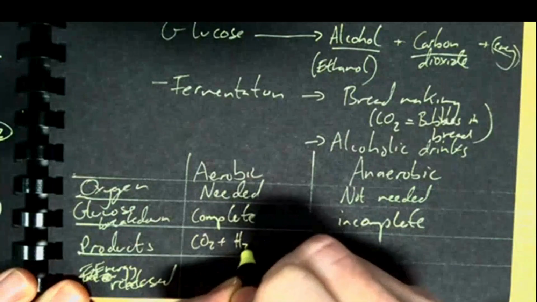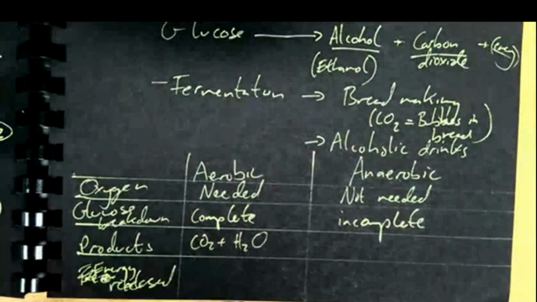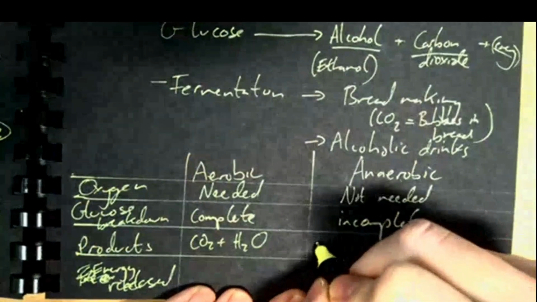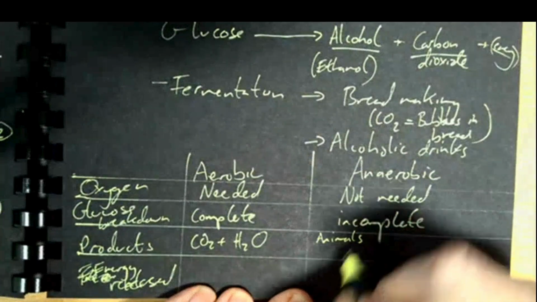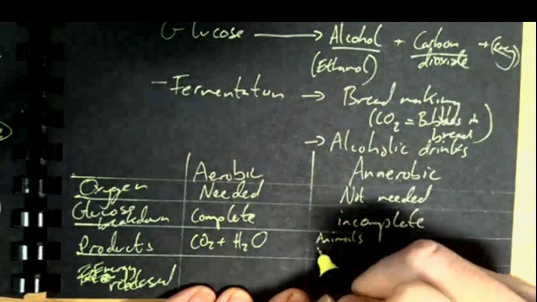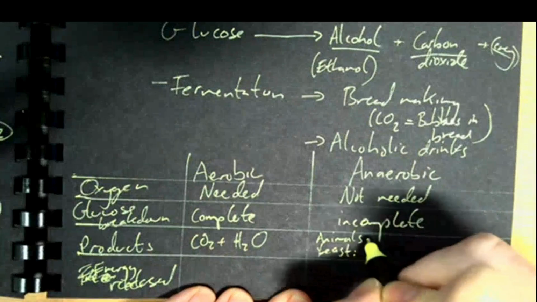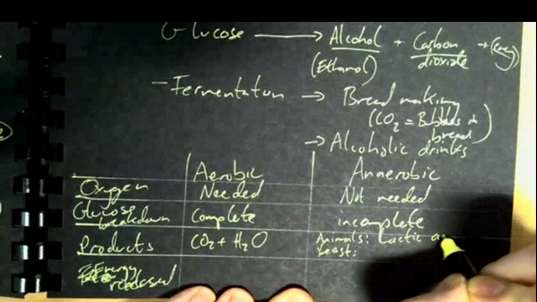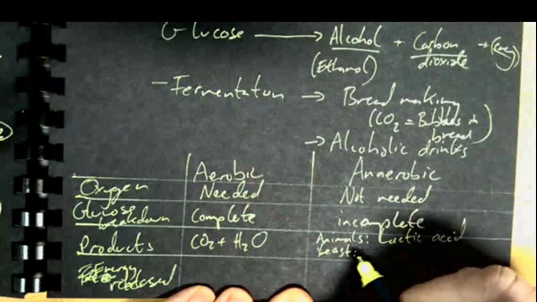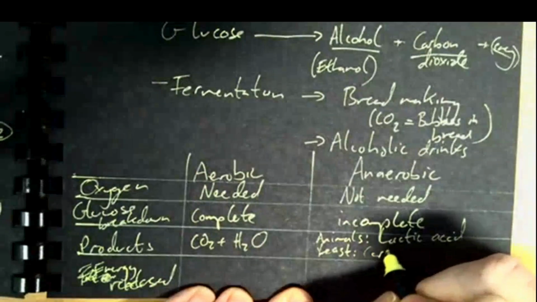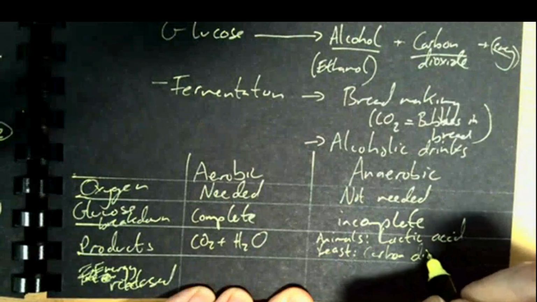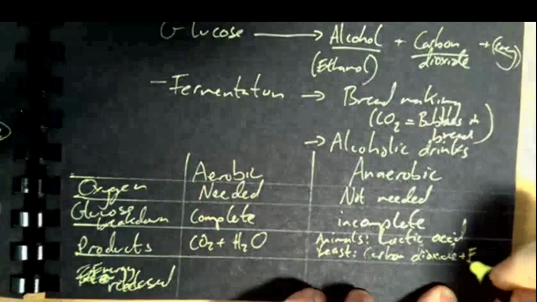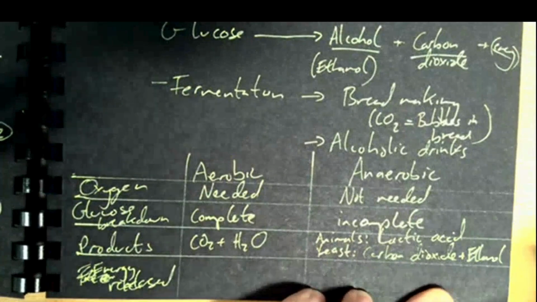CO2 plus H2O, carbon dioxide and water. In animals, oh, should have done a better table. In animals, product is one thing, and in yeast, a couple of other things, isn't it? So in animals, it's lactic acid. And in yeast, it's carbon dioxide and ethanol.